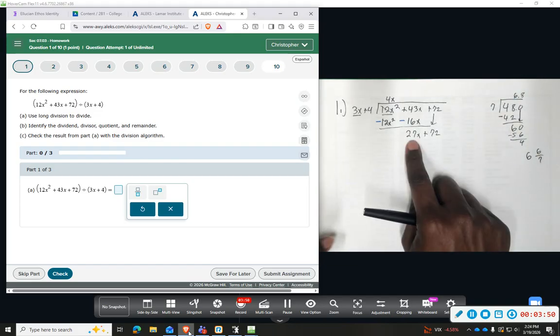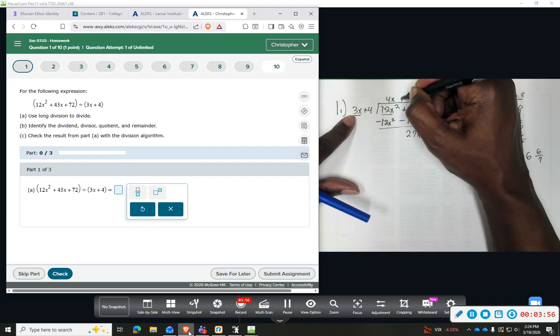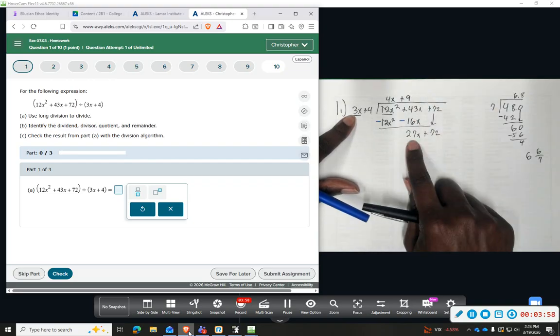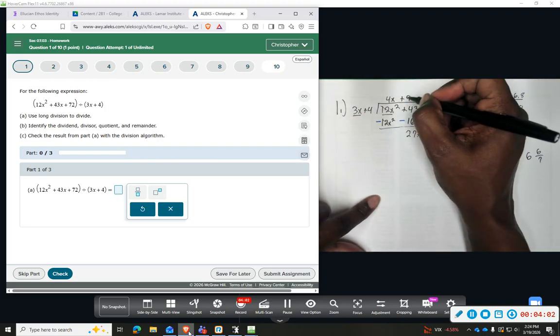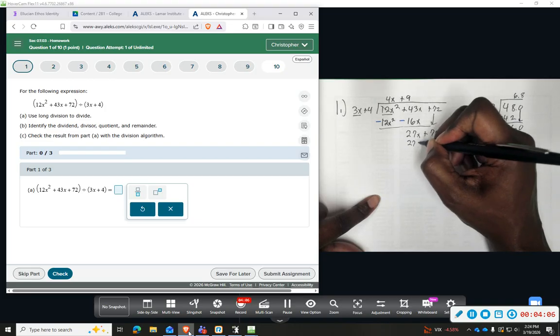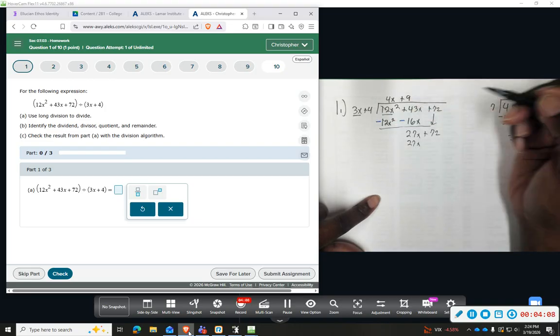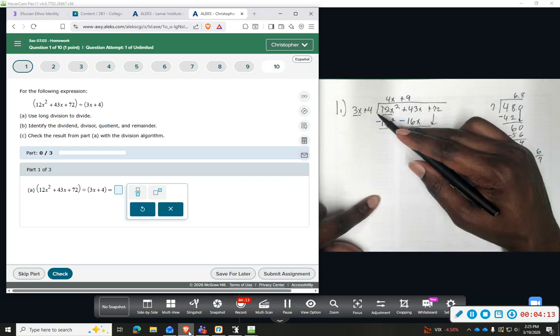And then we're going to repeat the same process. So I'm trying to figure out 3 times what gives me 27. That'll be a positive 9. And then we have 1x. We only need 1x, so just 9 is all we need. So 9 times 3x will give me 27x, and then 9 times 4 gives us 36.